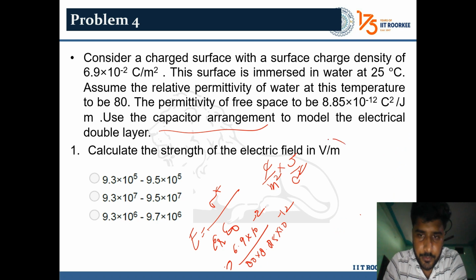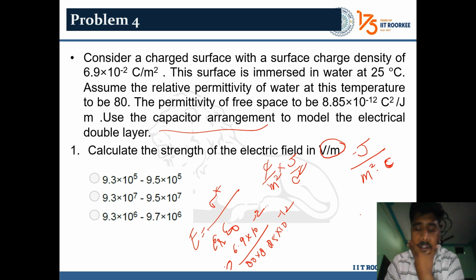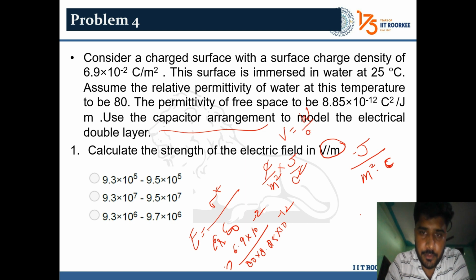Your unit of the answer should be volt per meter. So you are getting here joule per meter square coulomb. If you know the simple formula, V is equal to W upon Q, so joule per coulomb. I can expand it.